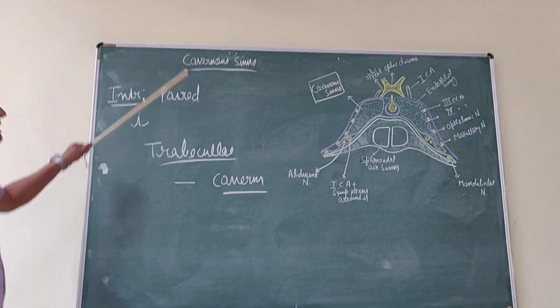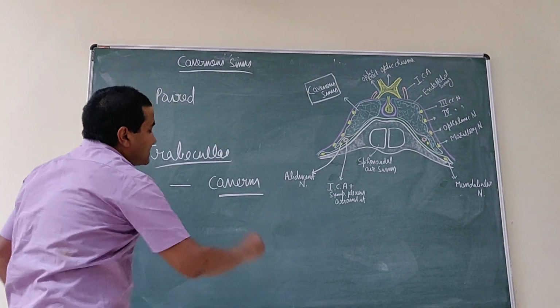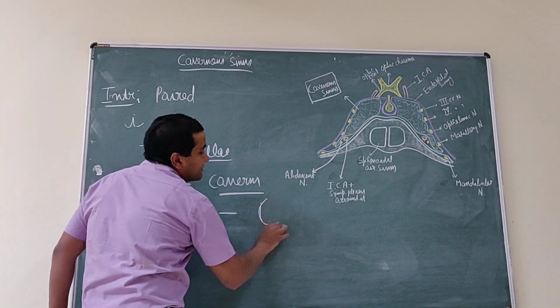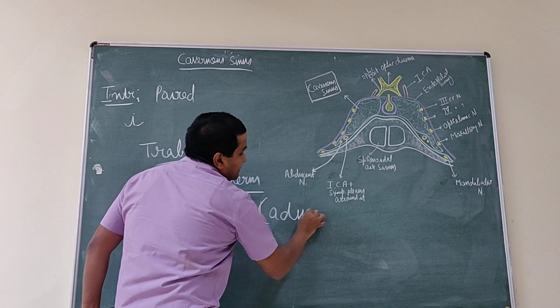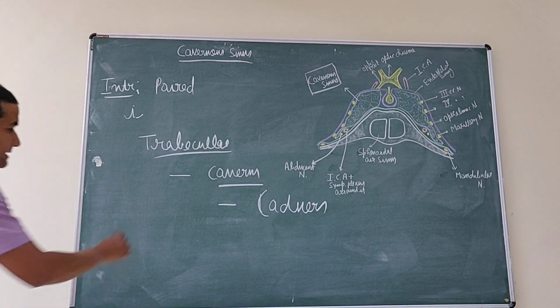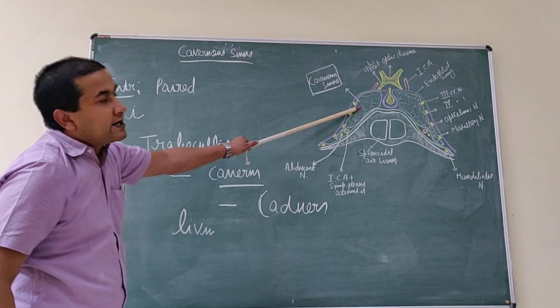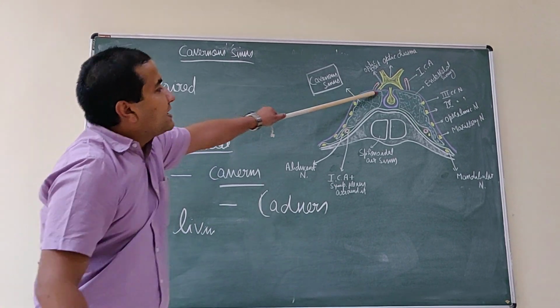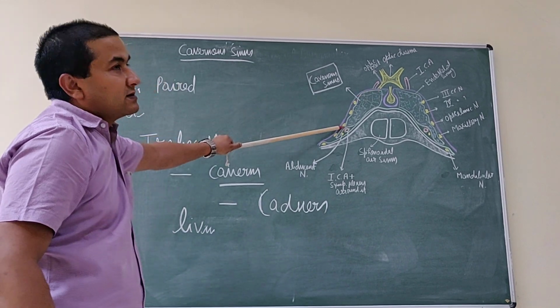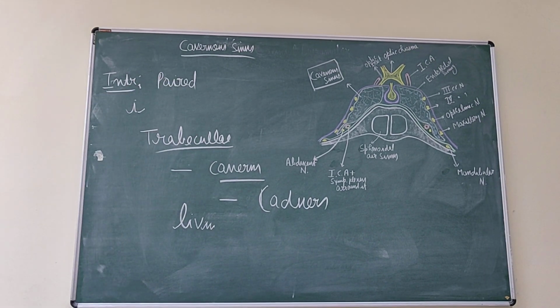That is why it is known as the cavernous sinus. This trabeculated appearance is most prominent in cadavers, while in the living, it is prominent only in the peripheral region, not in the interior of the cavernous sinus.